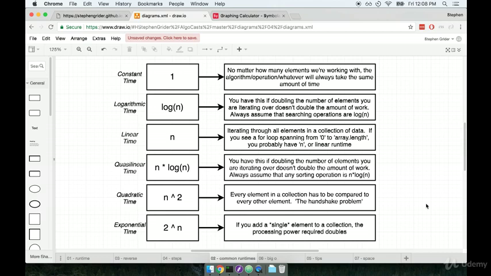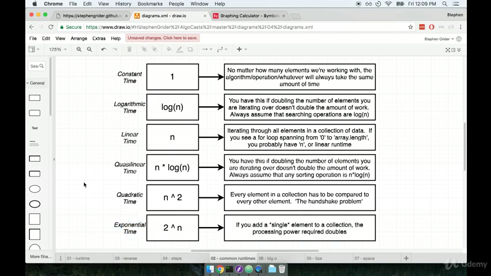So each additional element that we add to a given collection has to touch or somehow iterate over or somehow deal with every other element in the collection. So you can remember that handshake problem as an example of quadratic complexity. As another person was added into the room, they then had to shake hands with every other person, and every person in the room had to shake hands with everyone else.